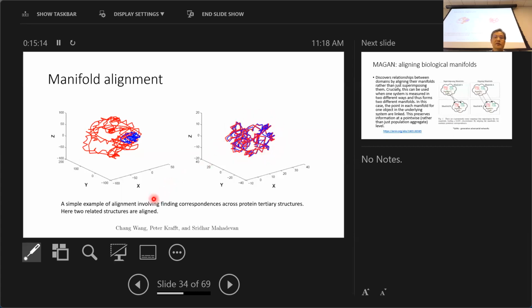If you give the positions of all this data, one from red, one from blue, to the algorithm, it will do the manifold alignment for you and find their shared positions, and after you map them according to the shared positions, they match each other.